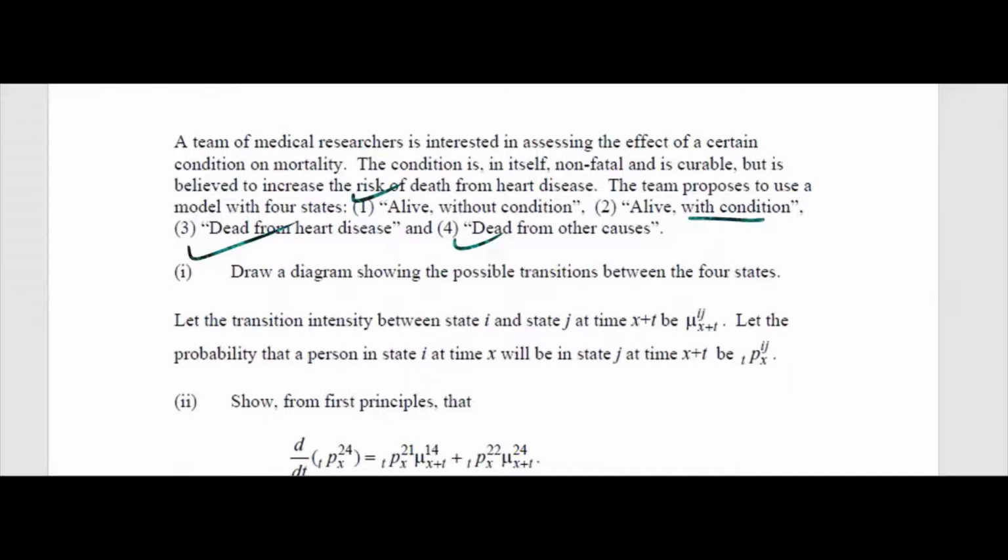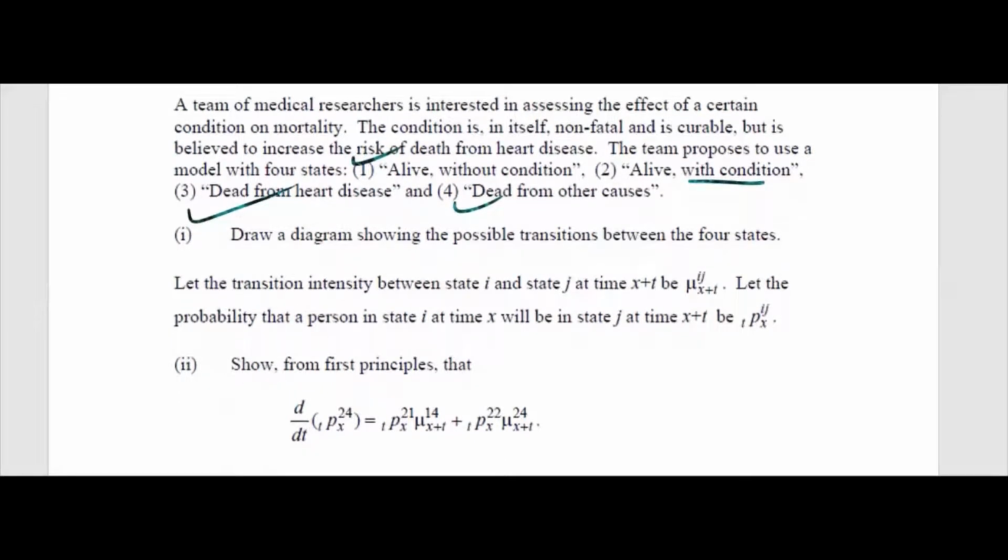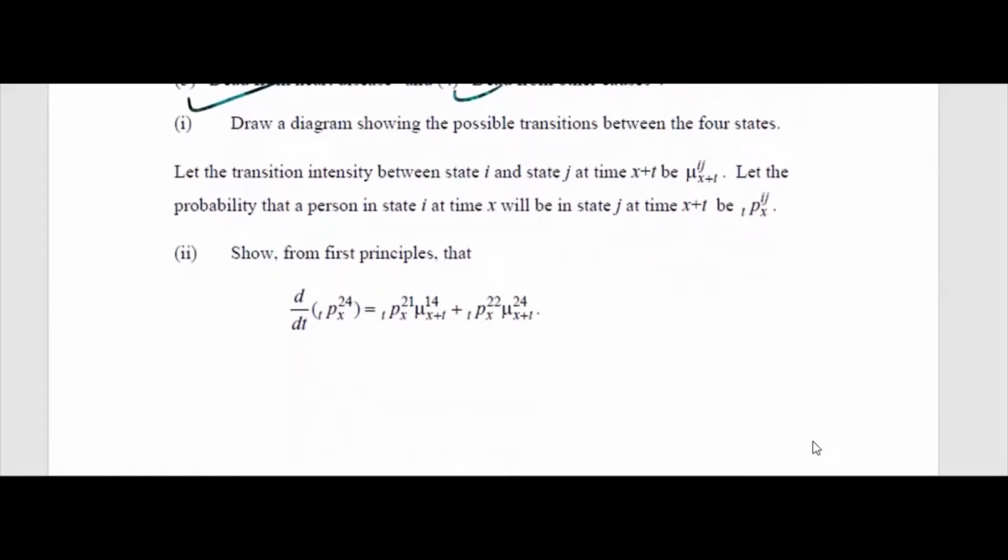It's like active without any problem, here active with heart disease, with a condition they've given, and another one, dead. Now all the transition intensities are given, mu_{x+t}. You have to derive this one. This is no different. You have to decide how you can go from 2 to 4.